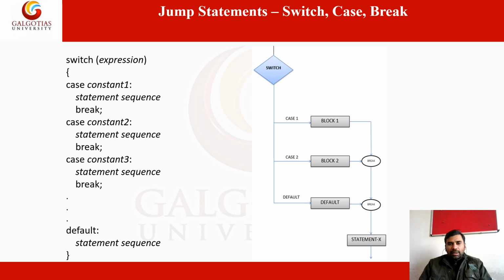Here is a sequence of statements, or statement body, followed by break. We already discussed break: once a particular statement executes, break terminates and comes out of the switch. Next is constant two, like this, and then the default statement.